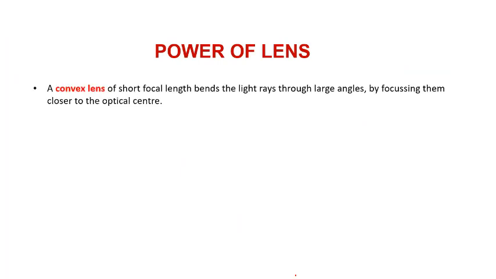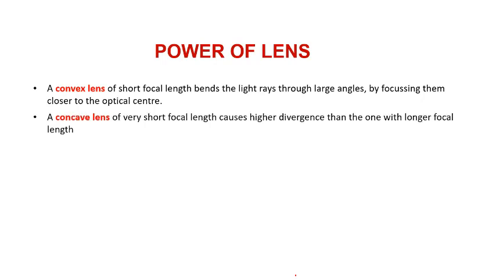Now let us come to the next topic, power of lens. A convex lens of short focal length bends the light rays through large angles by focusing them closer to the optical center. A concave lens of very short focal length causes higher divergence than the one with longer focal length.